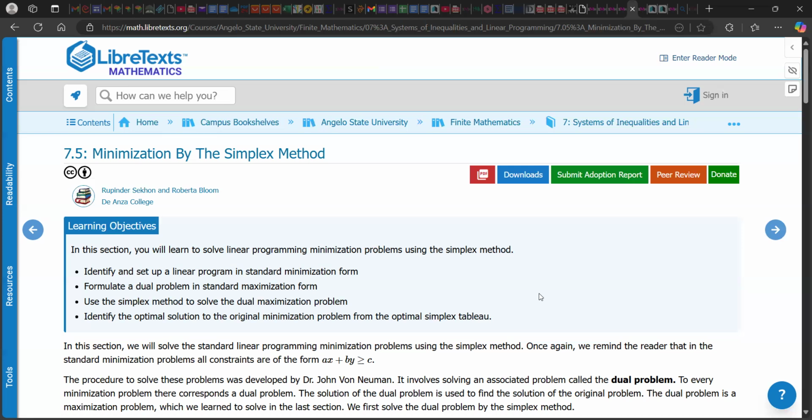If you notice in the maximization problem, the feasible region is always bounded. It's bounded very often by the coordinate axes, the x and y axes, and some lines. In minimization problems, very often, I'm not saying always, you would have unbounded regions, and therefore the solution gets a little more complicated.